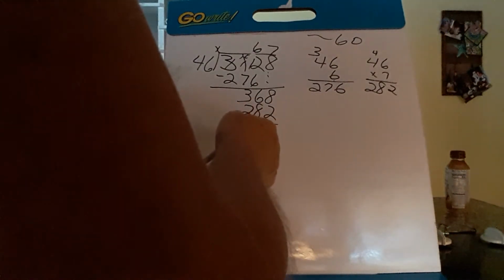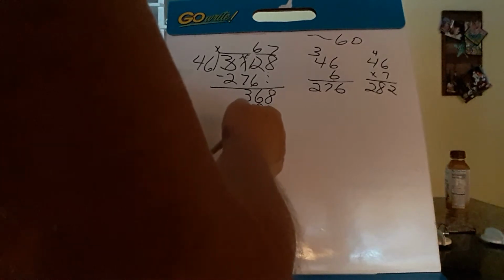But since I have more left, oh, excuse me, 6. Okay, that's 8. Okay, I think I multiplied this wrong. 6 sixes are 36, 42, 28, 29, 30, 132. Okay, here we are. I hope you caught that while you were doing it.